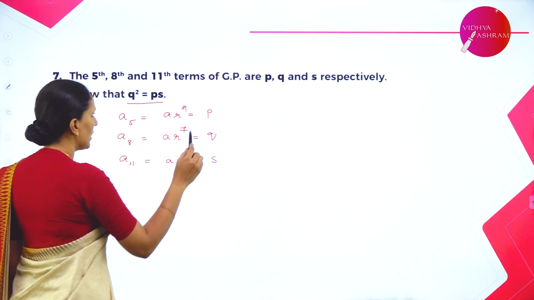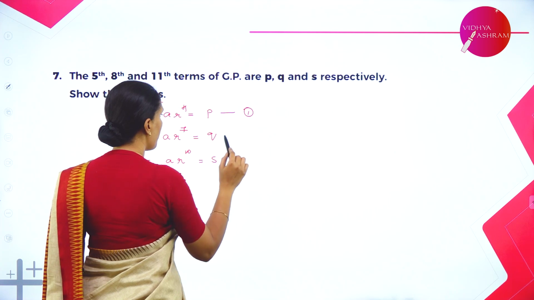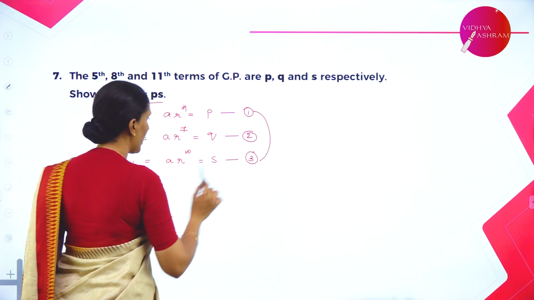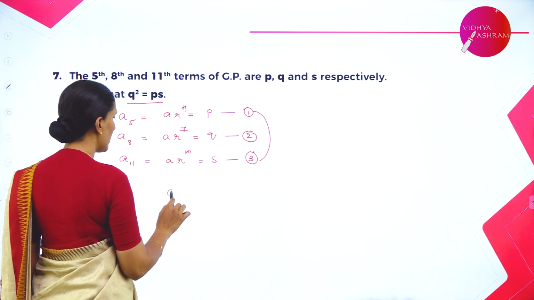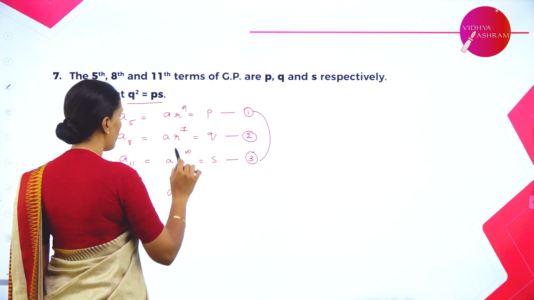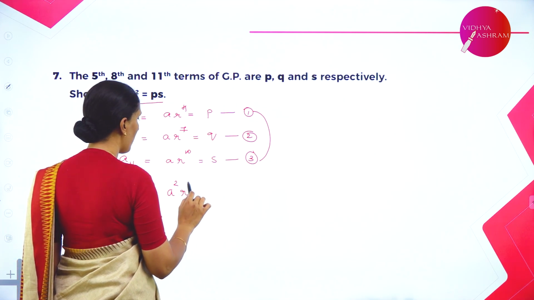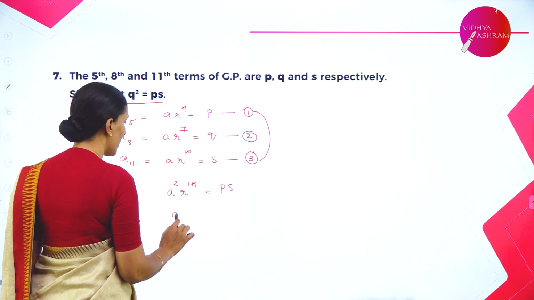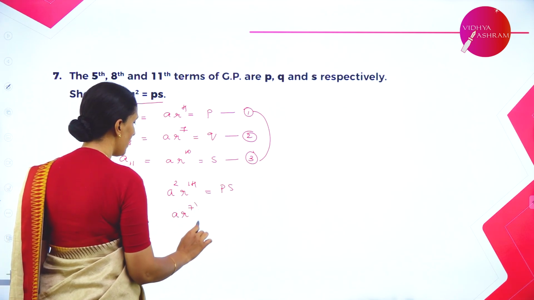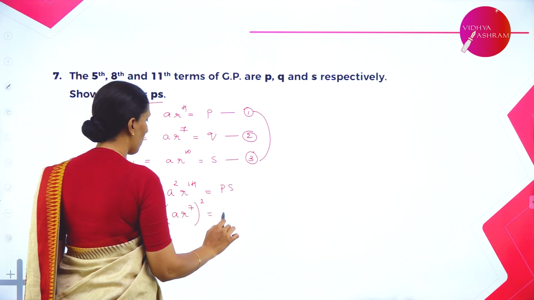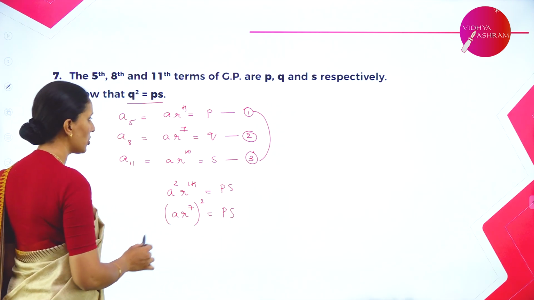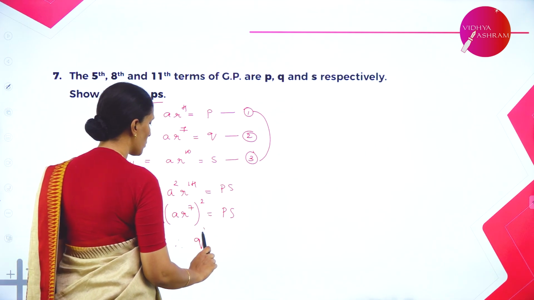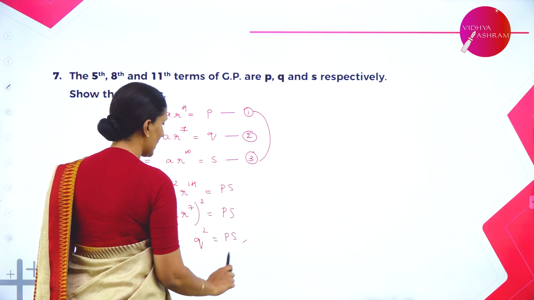Let us consider these as equation 1, equation 2, equation 3. Let us multiply 1 and 3. Then here it becomes A square r power 4 into r power 10 is r power 14, which is equal to P into S. So here A r power 7 whole square is equal to PS. From equation 2, A r 7 is nothing but Q. So therefore we will get Q square is equal to PS.